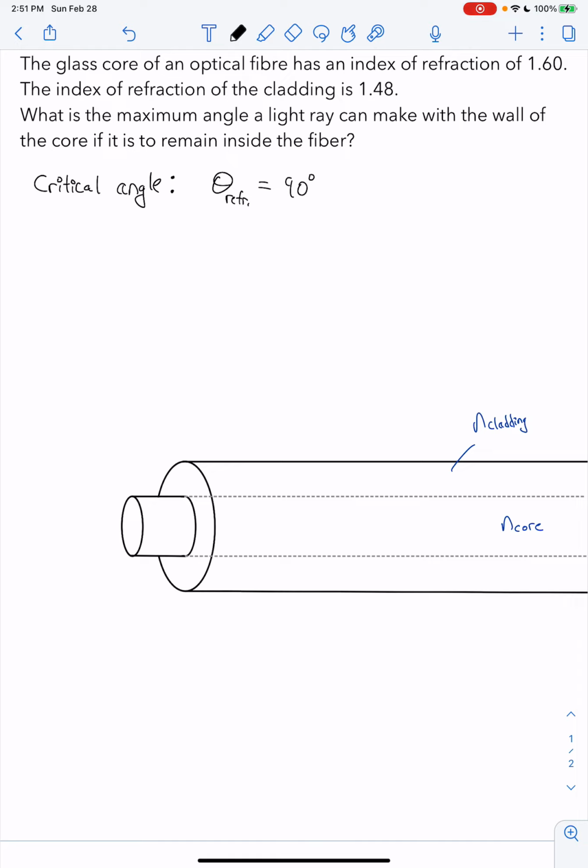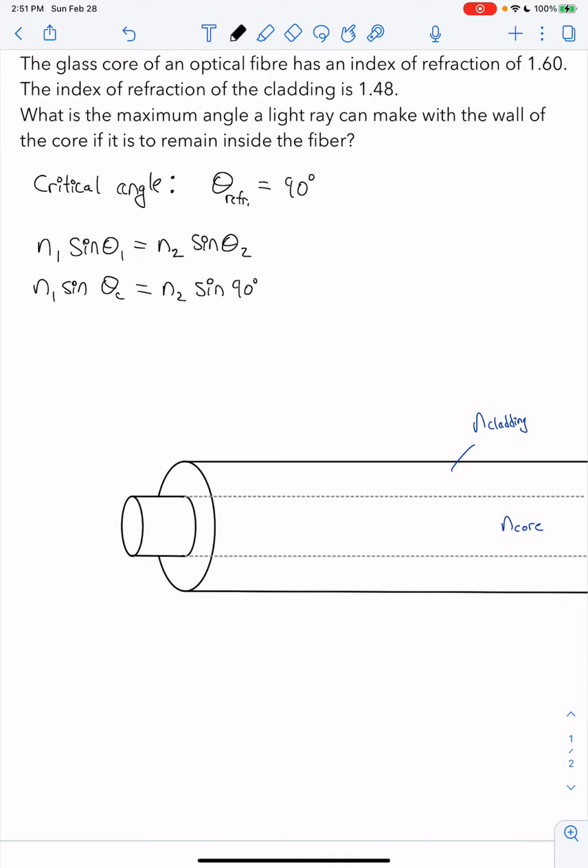And you can derive this by looking at Snell's law, where we have n1 sine theta 1 is equal to n2 sine theta 2. So we're going from the one material into the second. And so we find the critical angle by saying, well, this is going to be our critical angle at which we're going to have a refracted angle that's equal to sine 90.